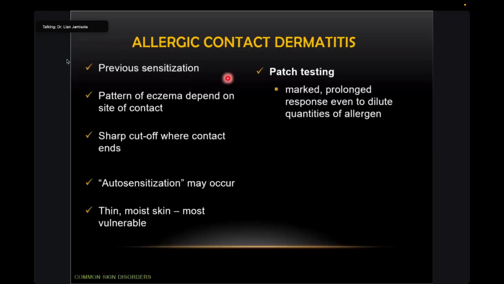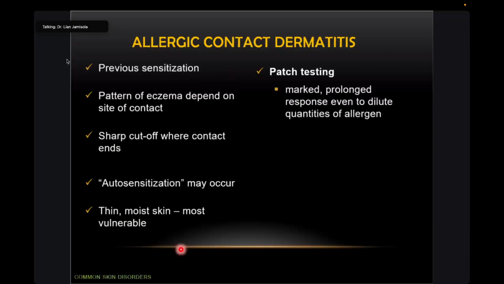But because of that previous sensitization, the second or the third time that you're exposed, you will already have a reaction. Okay? So the pattern of eczema will depend on the site of contact. There's a sharp cut off where contact ends, most of the time, but sometimes they spread. Autosensitization may occur and it's usually common in thin, moist skin.